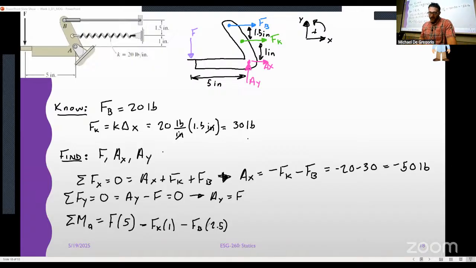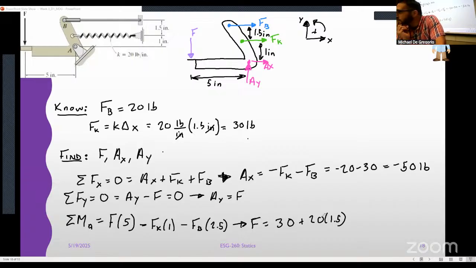All right, so we've got everything we need and solve this out, right? So we can say that F is equal to Fk times 1, which if I do the quick math on that, would be 30 pound inches or inch pounds, however you want to define it. Plus FB times 1.5, which, hey, we did that.